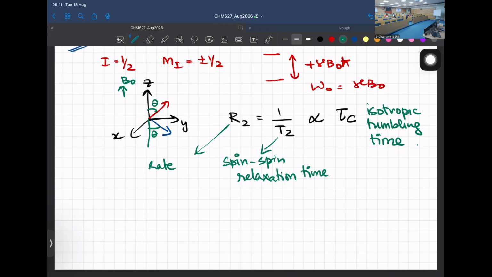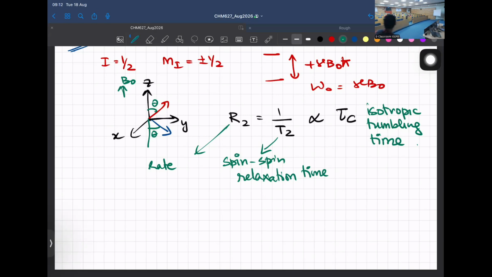They could be oriented at any different angle. That's largely because in solution state, these molecules tumble, meaning that they keep rotating about every possible axis. The translational and rotational degrees of freedom allow them to sample all possible orientations. So this time is important to give us an idea of what the R2 will be.